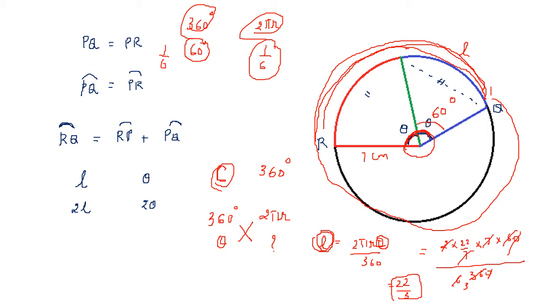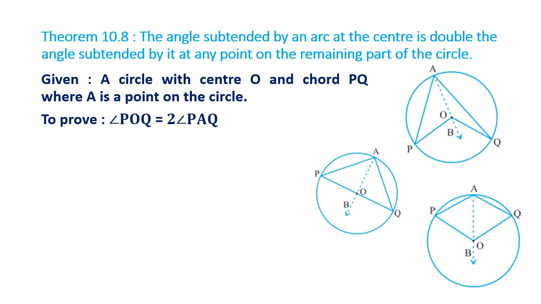This is not part of the textbook, but it shows you that when a certain arc length makes an angle theta at the center, if you double the arc length, the angle at the center will double. If you make the arc length half, the angle at the center will also become half.